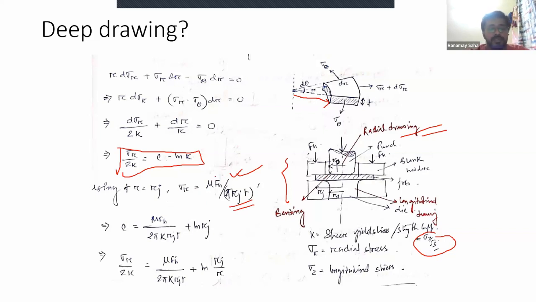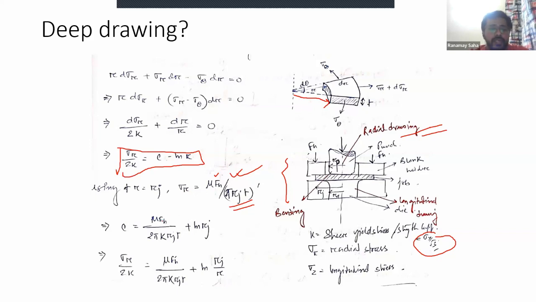So this is your force. This is the area, pi r into T. For a thin sheet, this happens to be the cross-sectional area. And mu is the friction coefficient, so the friction coefficient times the force, this whole thing becomes your sigma r, the radial stress component.